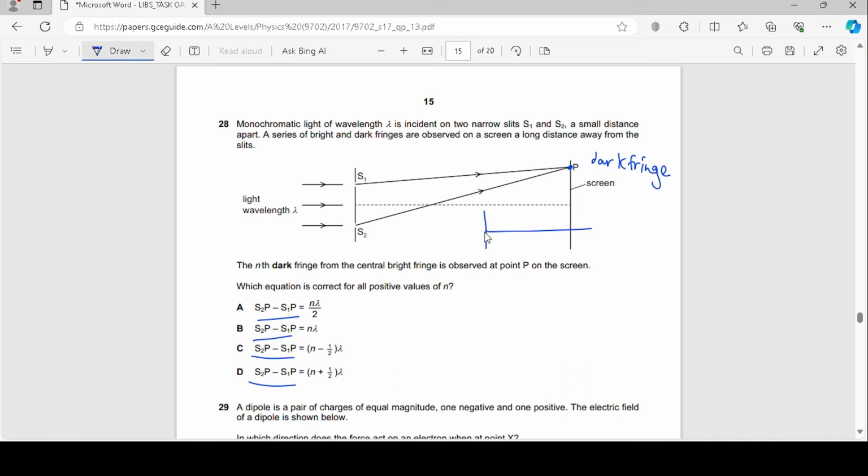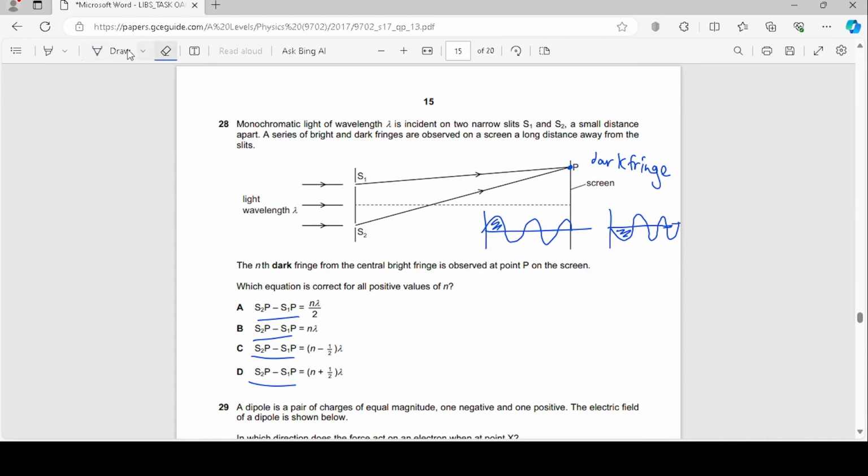You have one wave which is like this, and then another wave which is like that. When these two interfere with each other, they completely cancel each other out, if you can see that, because they're perfectly out of phase by 180 degrees, i.e. by pi radians.